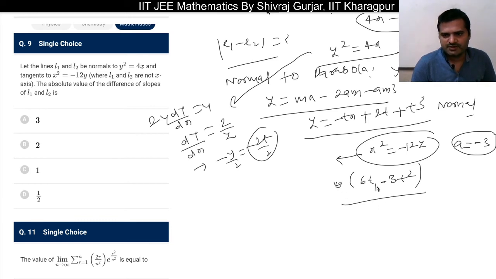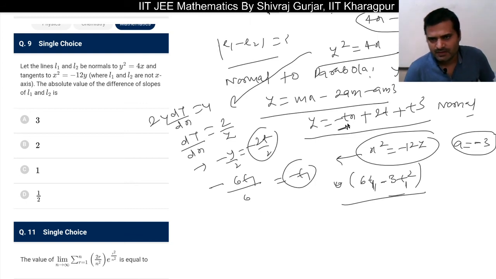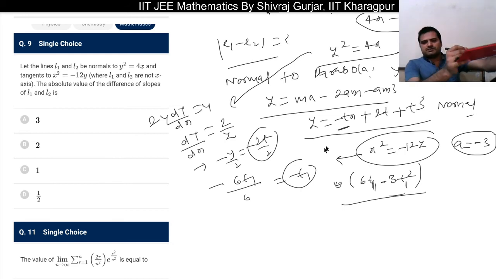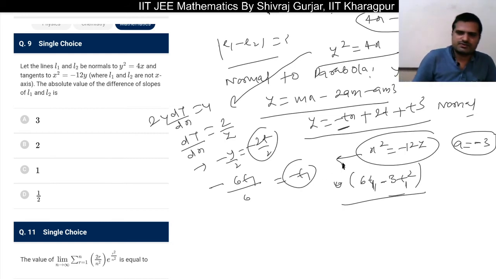Let us say this is some t1, because t we have already taken. The slope of the tangent here will be minus 6t1 divided by 6, that is minus t1. But what is the slope here? This is the normal, so the slope of the normal is minus t, so what will the slope of the tangent be?